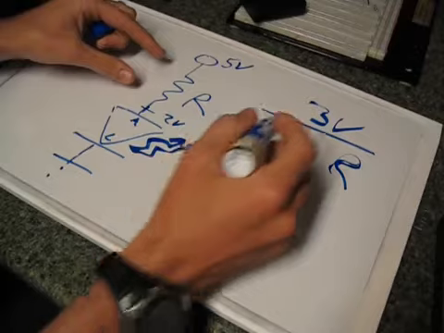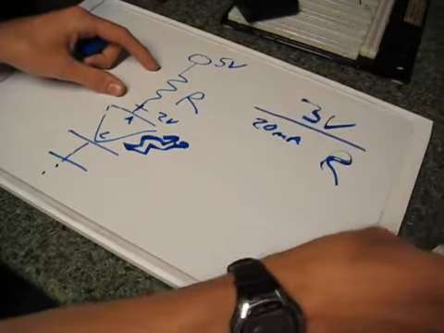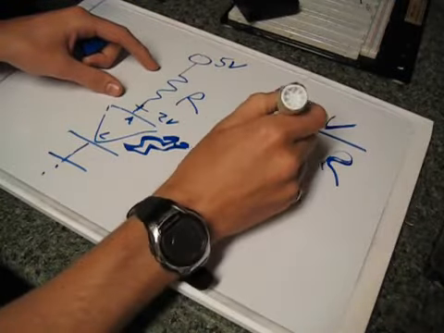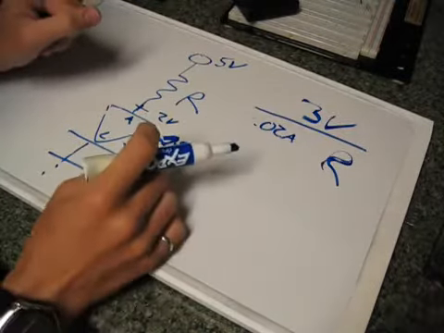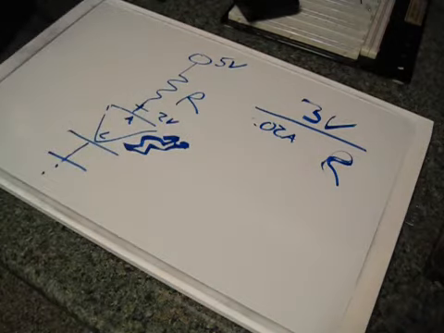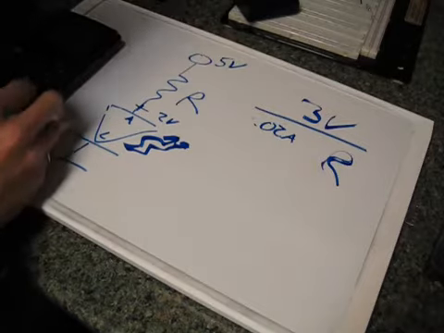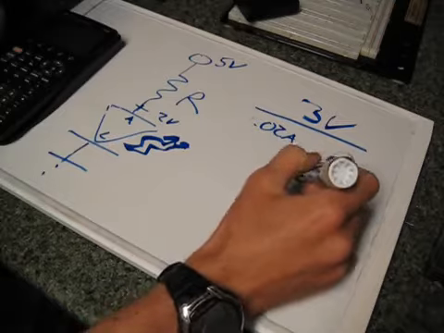Or just to make things easy, let's make it 0.02 amps. So to solve for R, we go 3 divided by 0.02, and that gives us 150.